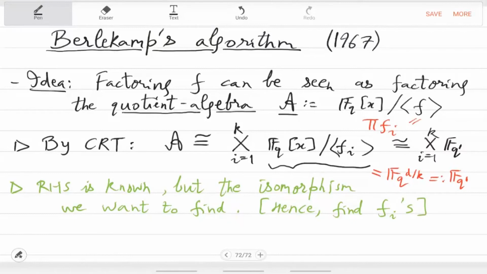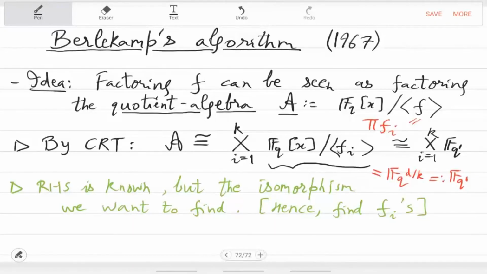You don't know how to map F_q' to F_q[x] mod f_i, because you don't know f_i. So when I say RHS is known, it's only the last thing. With the abstract finite field, you know the structure, but you don't know how it is being realized in the current input situation. That you have to find. Any questions at this point? So any ideas, using this quotient algebra, how will you find the factors f_1, f_2, dot dot, f_k?